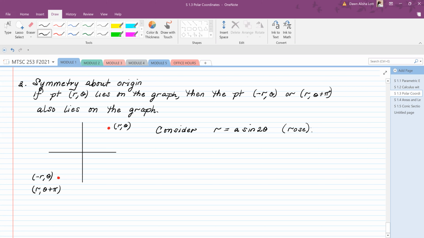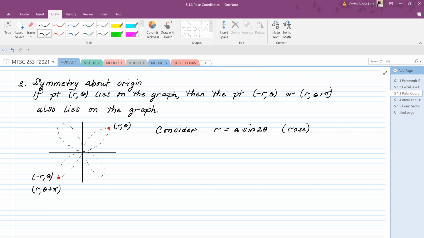Okay, and it should be symmetric about the origin. If you remember, it went like this, so that one should be symmetric about the origin. Okay, so let's try it.